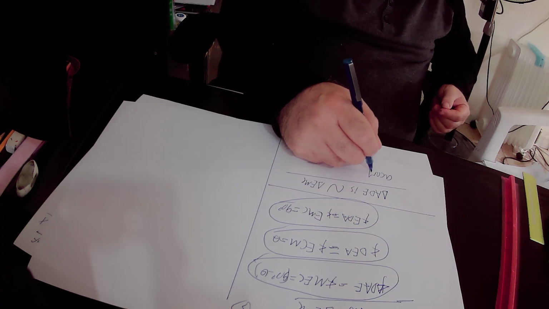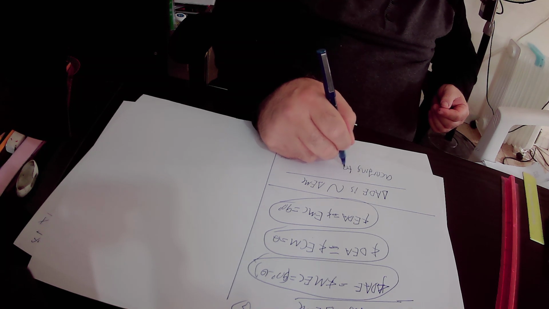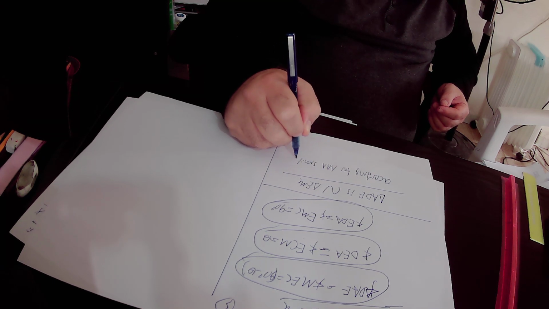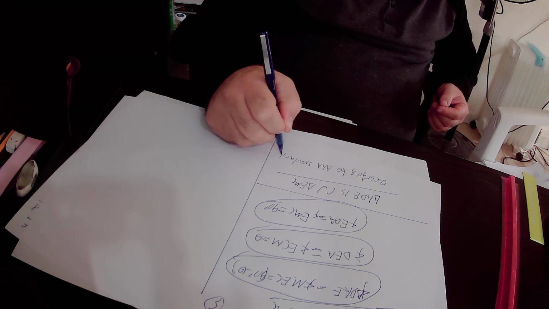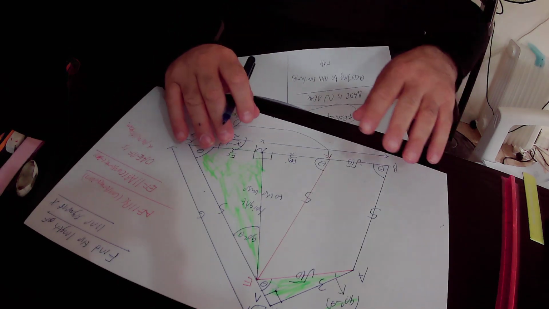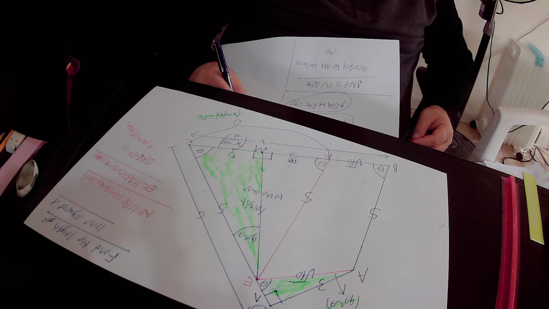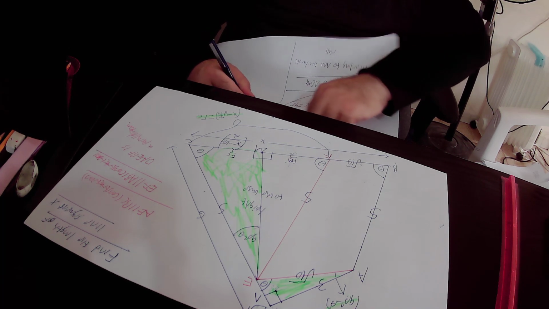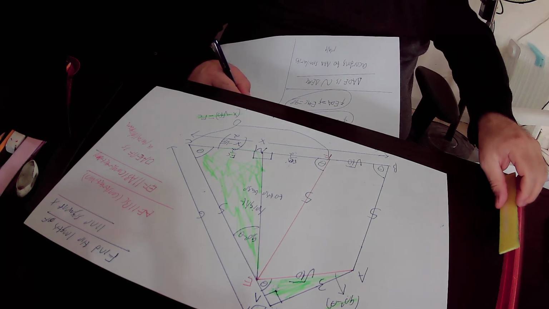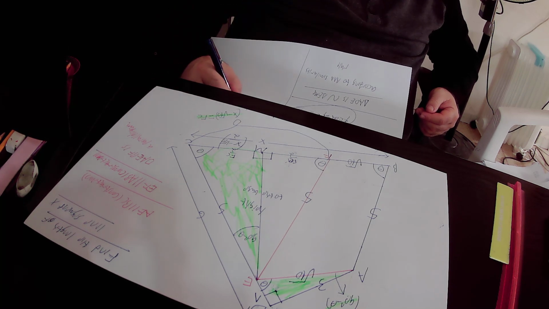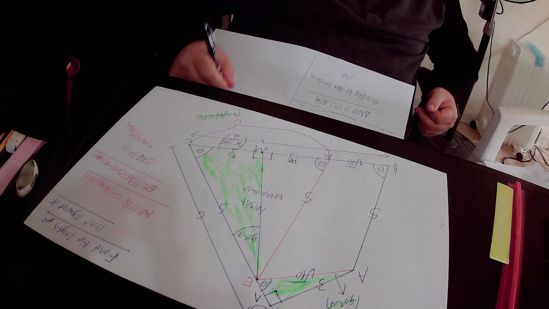According to the angle similarity rule, and from the fact that those two triangles are similar to each other, we conclude that AE over EC equals DE over MC.